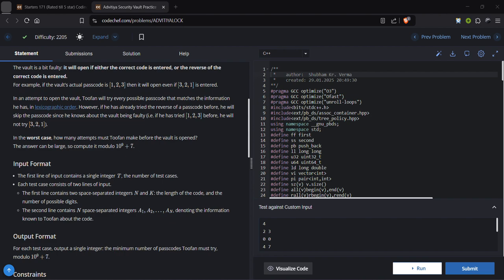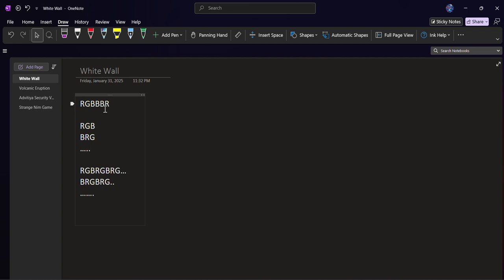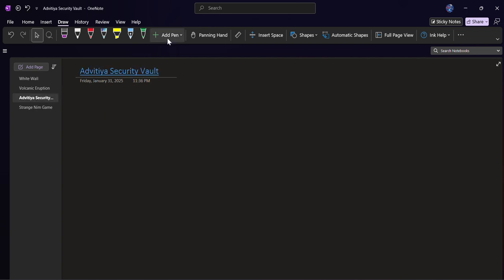Let's understand the problem. Basically, we are given an array which contains digits from 1 to k, and some of the entries are equal to 0.